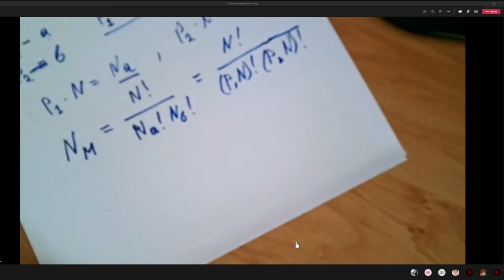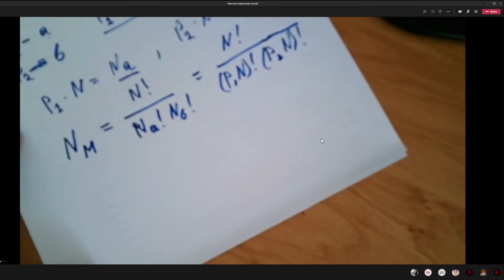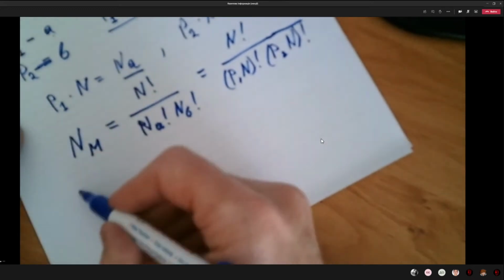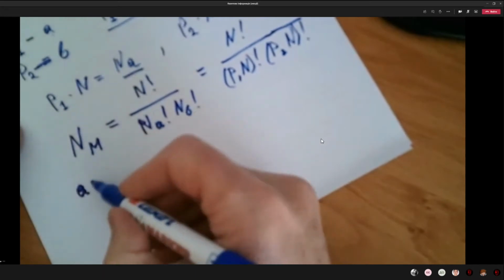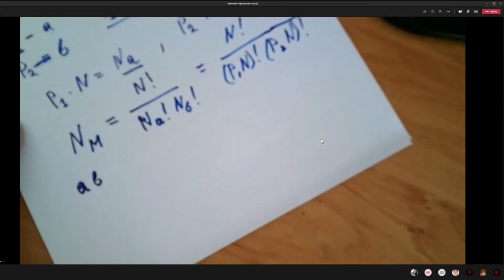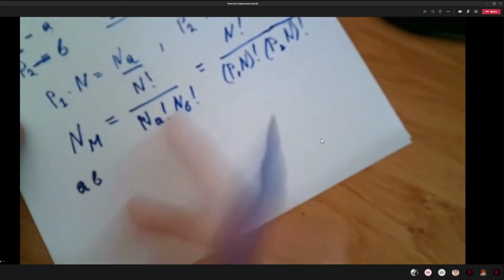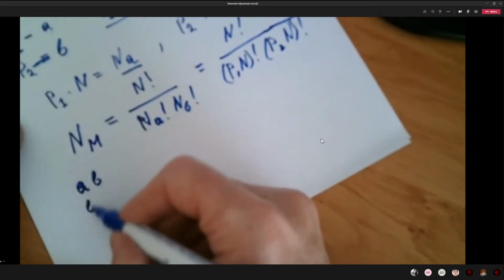Let me explain this on a simple example. Suppose we have only one message with A and B. So we have two possible messages, AB and BA.